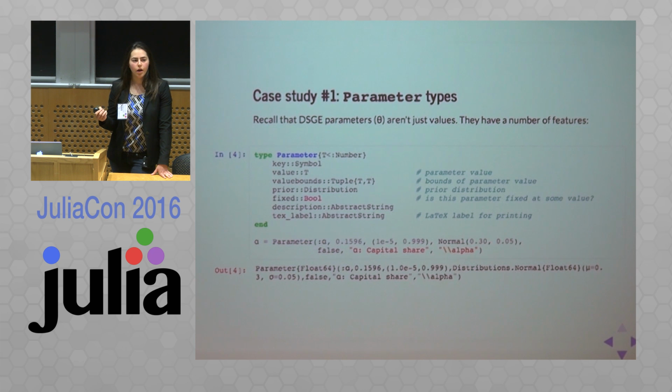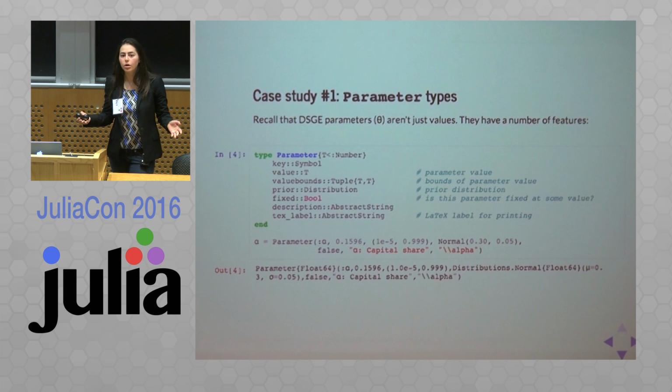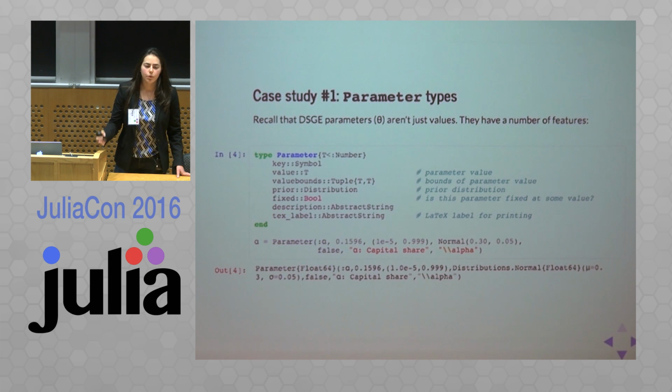So we might have some parameter that we need to bound between 0 and 1, because say that parameter represents a fraction, like a percentage of something, then it needs to be between 0 and 1. And we might decide that we want to fix that parameter or calibrate it to some particular value. It means we don't want to estimate it, so we can do that. And then we can print it nicely and that sort of thing.